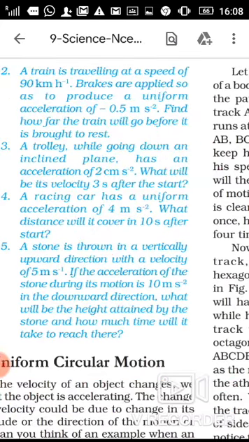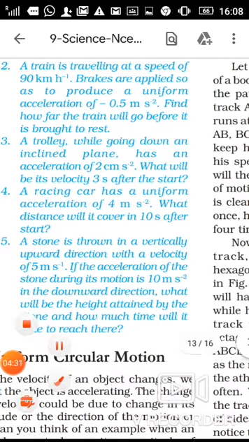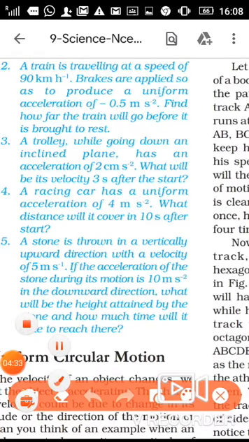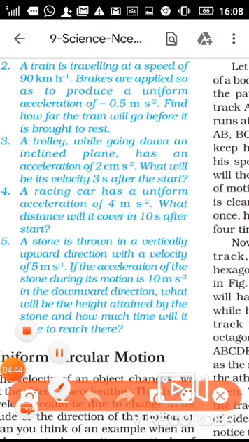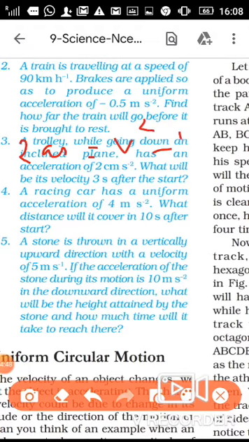Again, I will just explain this. You have to find the distance. You will use the formula 2as is equal to v square minus u square.